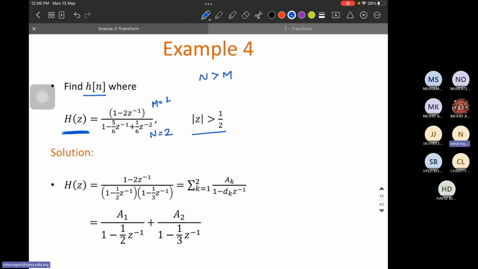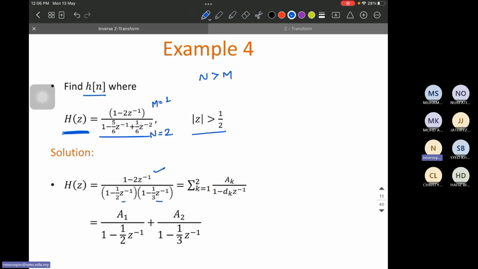Now how to solve this problem? First, the numerator is as it is. The denominator polynomial is in terms of z inverse to the power 2, so we will get two roots here. We should write this as 1 minus d1 z inverse, 1 minus d2 z inverse, so find the values of d1 and d2.